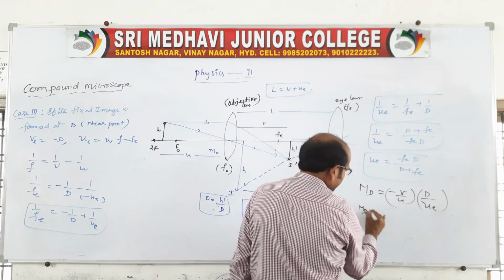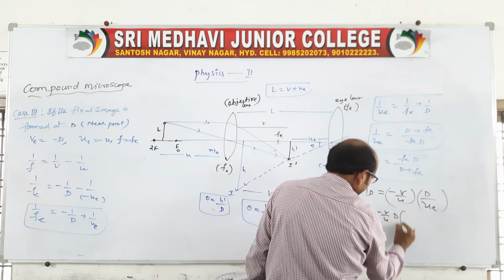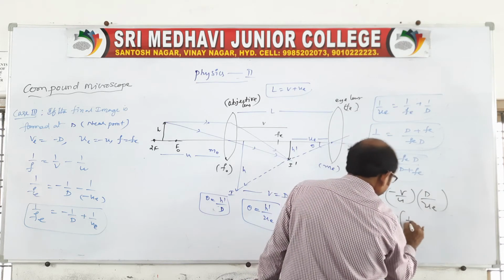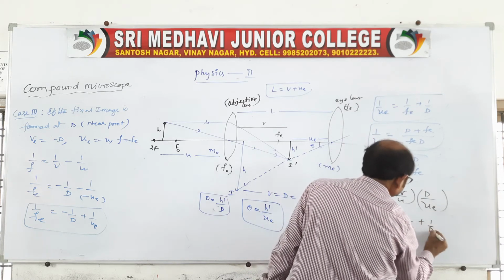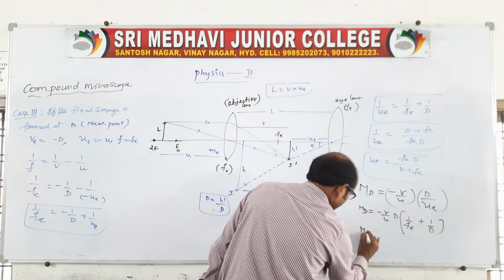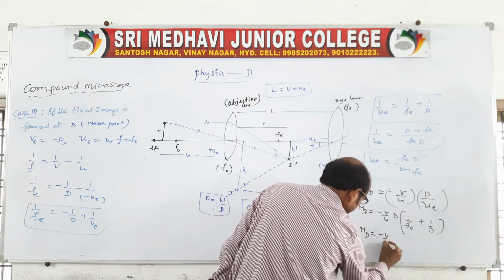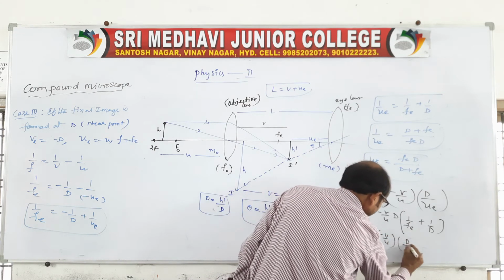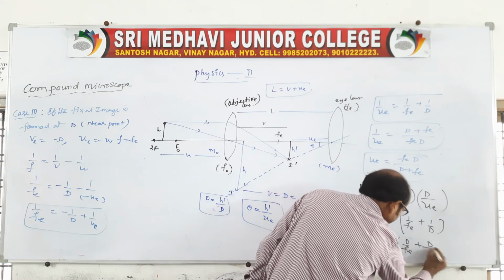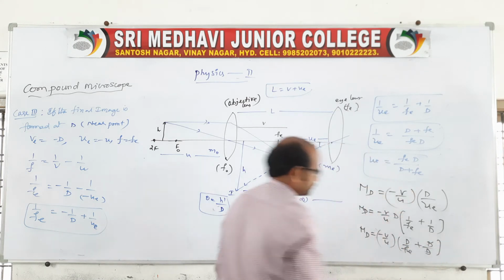Therefore, at the near point, the magnification will be minus V by U, taking D common, with 1 by UE being 1 by FE plus 1 by D, so D by FE plus D by D. So you cancel D by D.